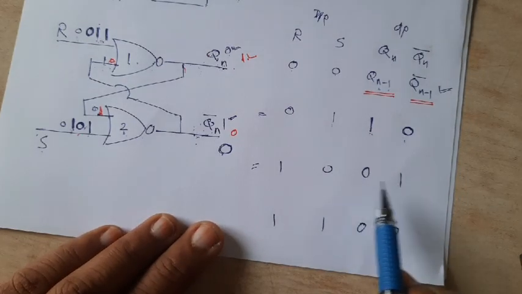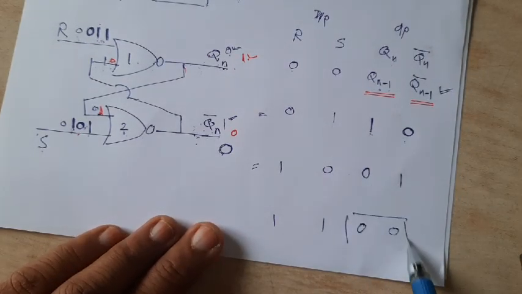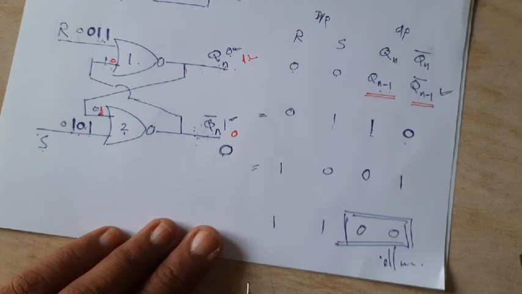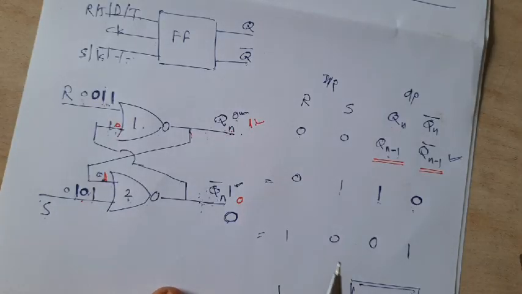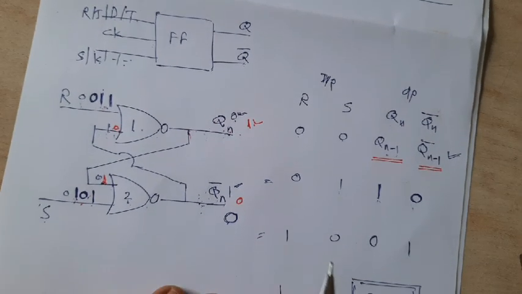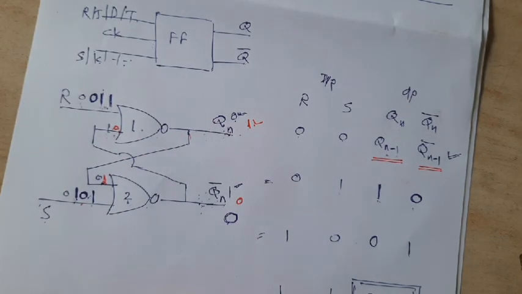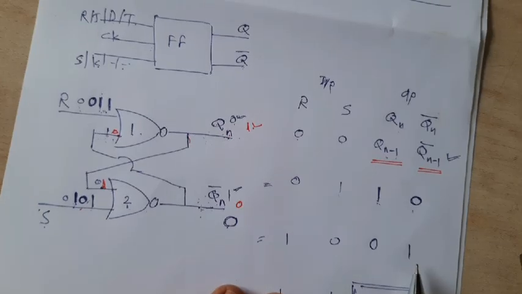Here they are complement of each other. But here they are not complement of each other, and so it is known as illegal state, because it will not satisfy the definition of flip-flop. In case of RS flip-flop, it is not a pure flip-flop. For the last state, it will not work as a flip-flop, and so it is illegal state.